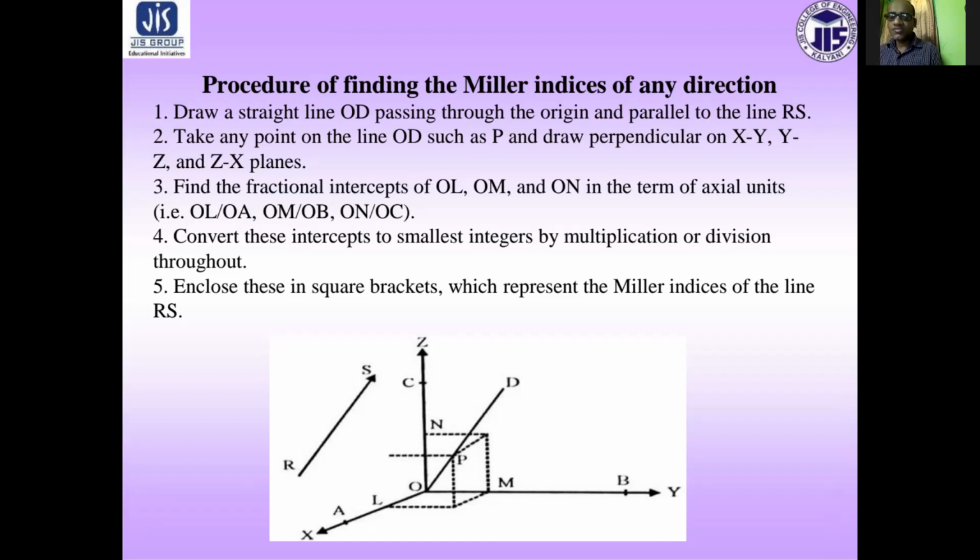Okay. First of all, simplified in a cubical system. It is shown that the direction from the origin of the axes is given as OD, and it is cut at point P. So first of all, draw a straight line OD passing through the origin and parallel to the RS, because this RS is the direction which will be given, or otherwise any angular things will be given, then we need to measure.